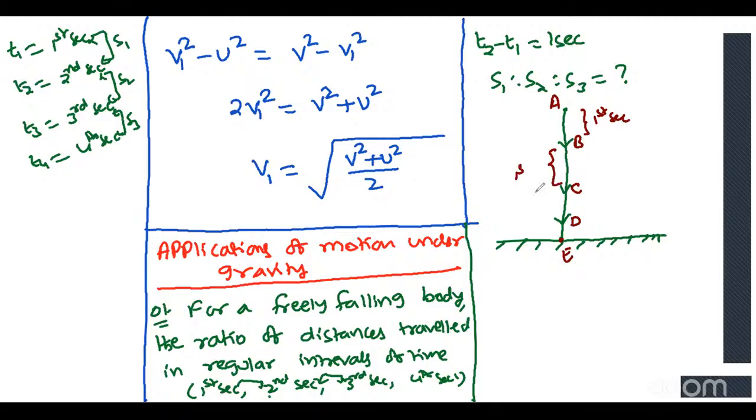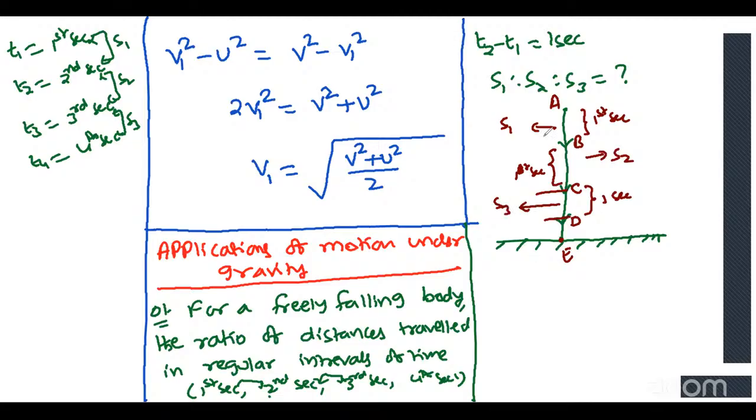A to C means 2 seconds. Similarly, C to D is 1 second, so A to D is third second. A to B I am considering as S1, B to C as S2, C to D as S3.